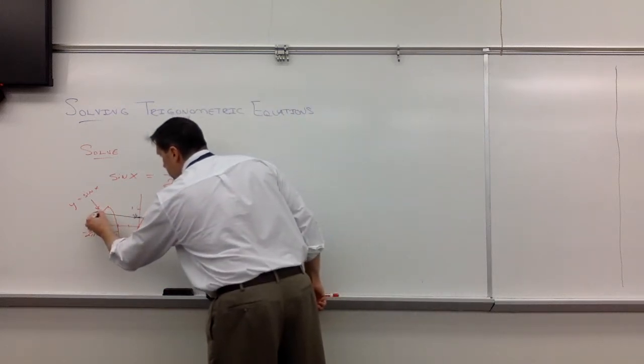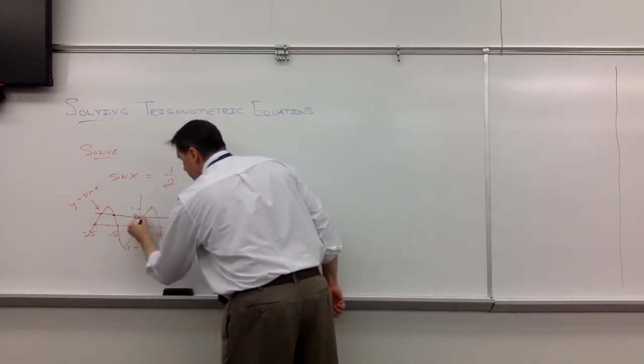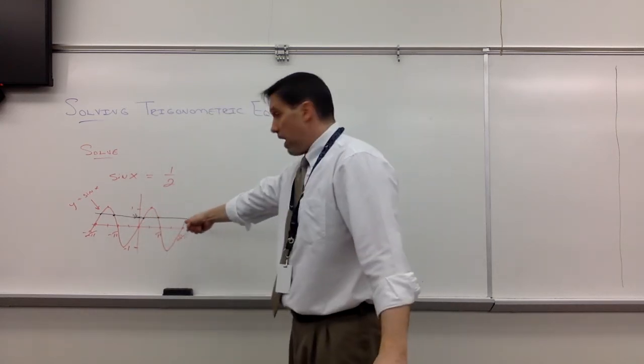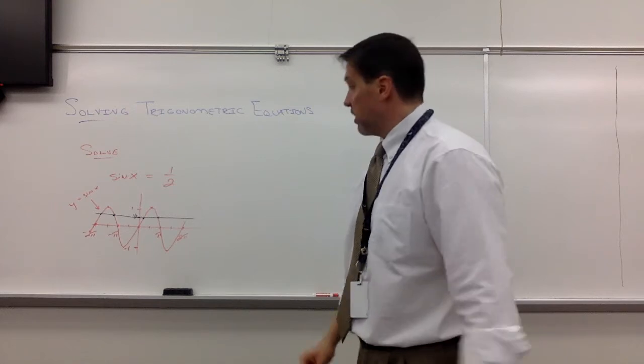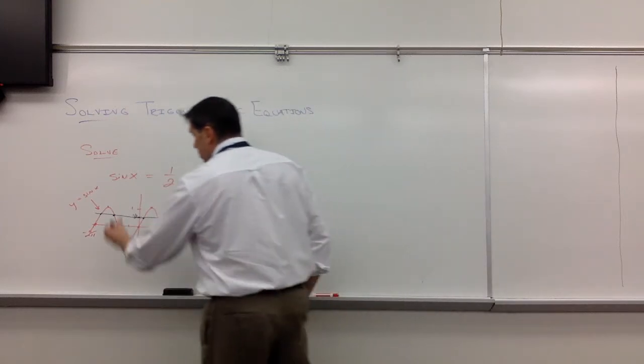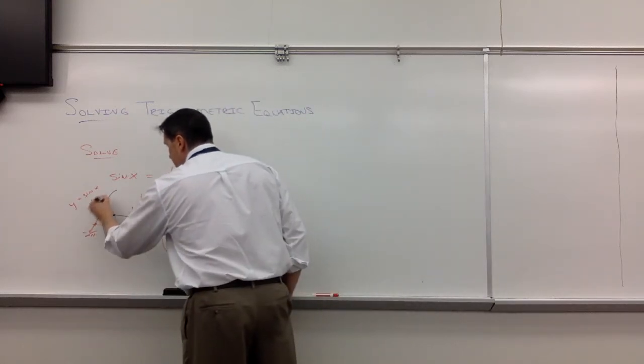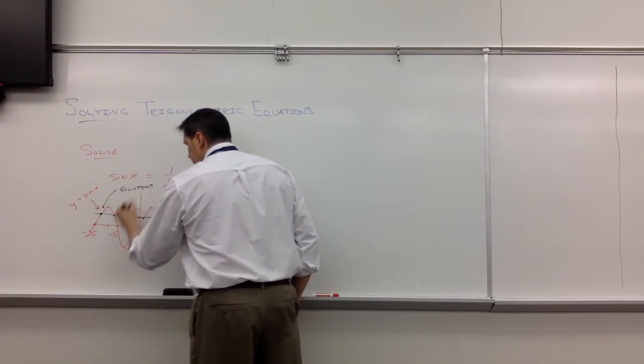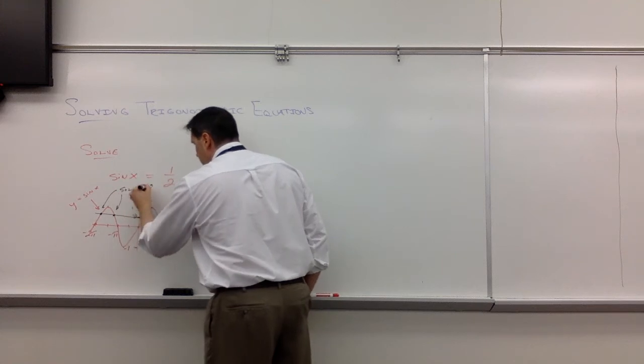It hits it at several points. So from -2 pi to 2 pi, it's already hitting at 4 distinct locations. These points right here, those are solutions. Each one of them is a solution.